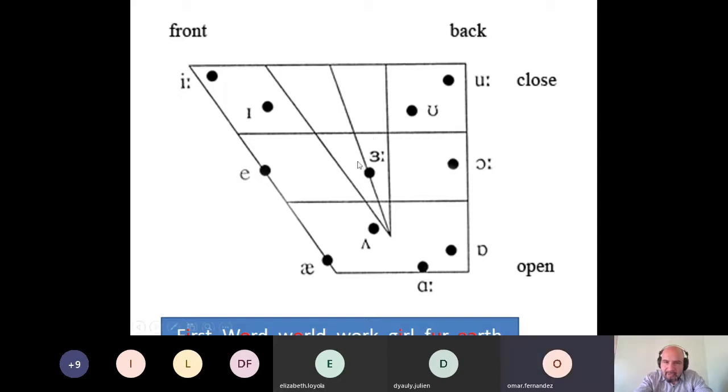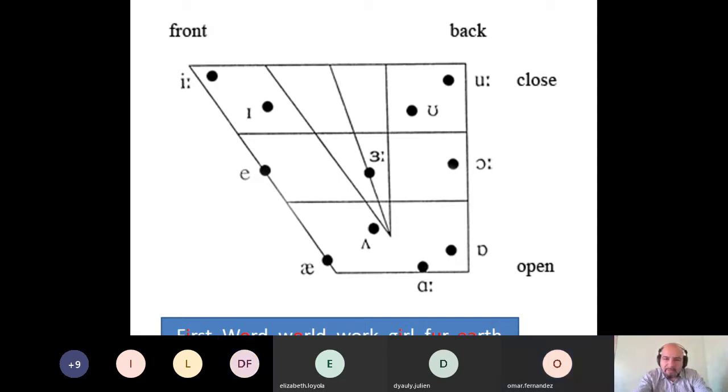It would be an unrounded vowel. Not rounded, exactly. So both of them are unrounded.